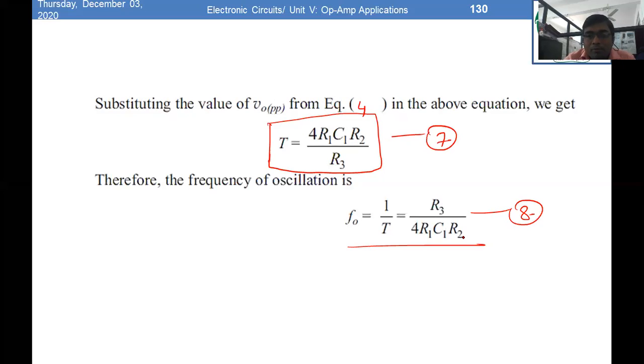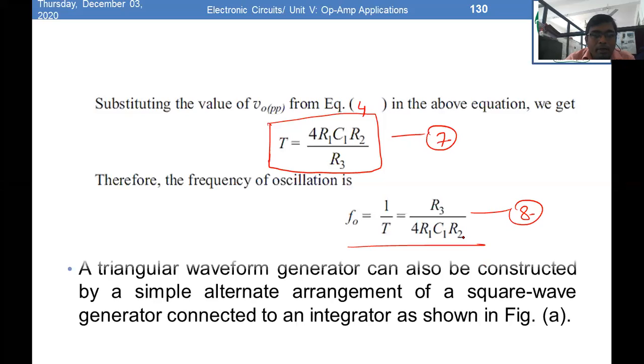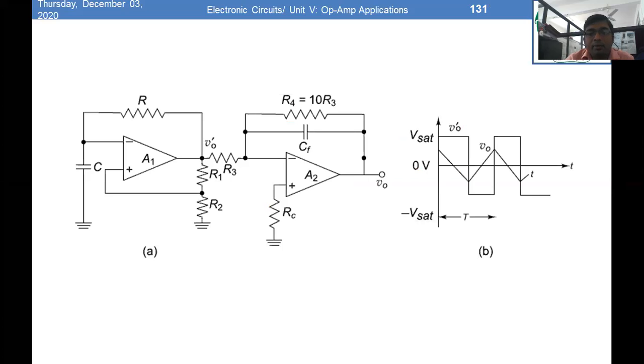Now we have to see one alternative arrangement for the triangular wave generator. That is nothing but we use a two-stage op-amp once again, and the output of this square wave generator is directly given to the input of this integrator.